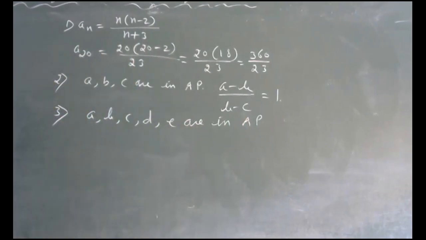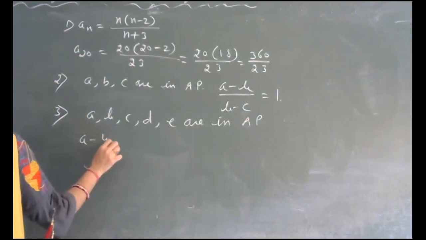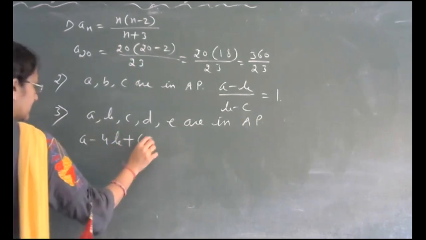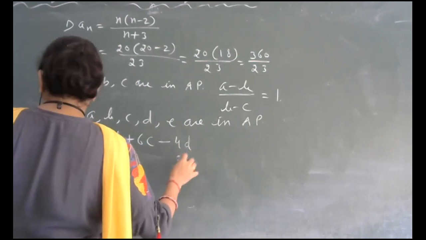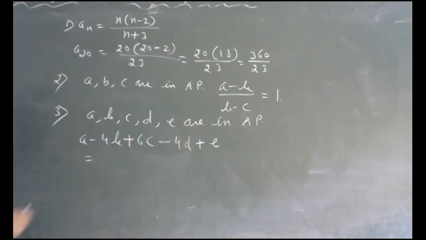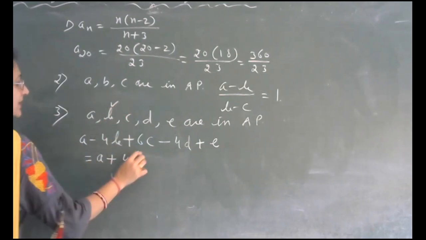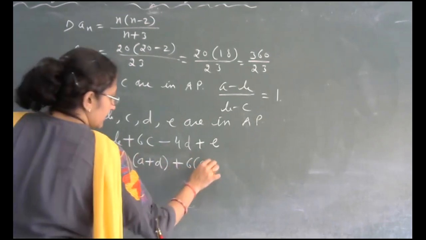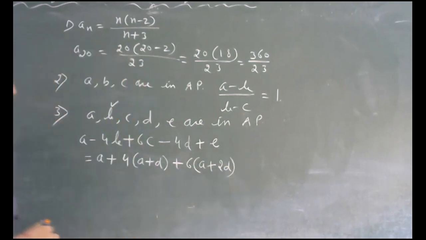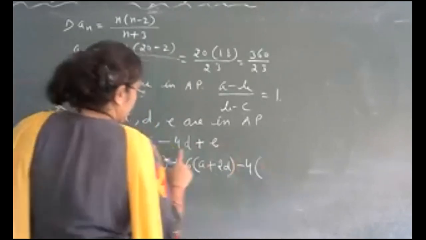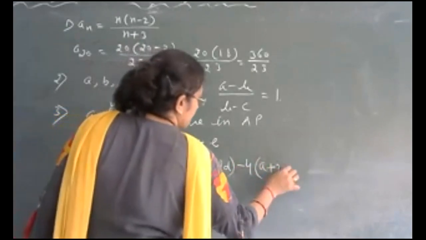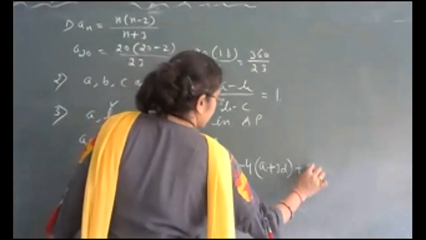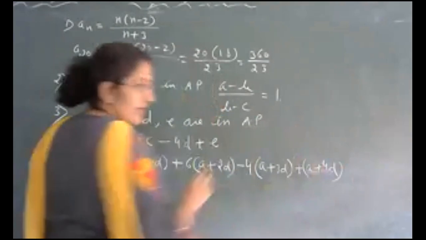Then you have to find the value of A minus 4B plus 6C minus 4D plus E. So we can write, if these are in AP, A can be written as A, B can be written as A plus D, C can be written as A plus 2D, then minus 4, D can be written as A plus 3D, then plus E, A plus 4D.